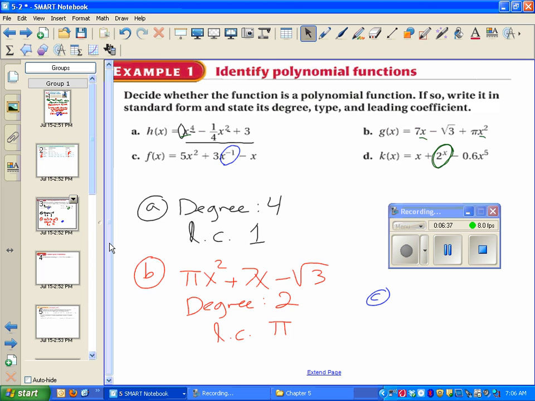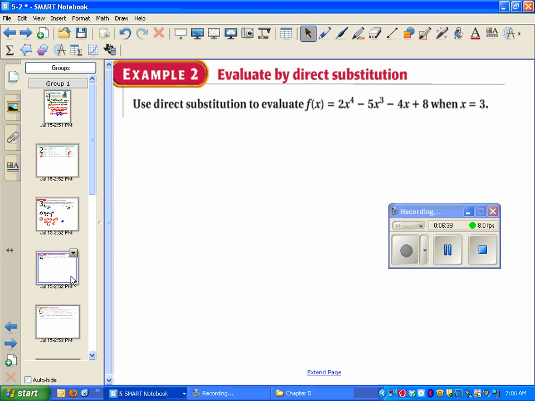Okay. All right, for example 2, we're going to use direct substitution to evaluate this. So this is f of 3. These are just directions. That just tells me I'm going to put 3 in for every x I see. So you are going to leave this alone.